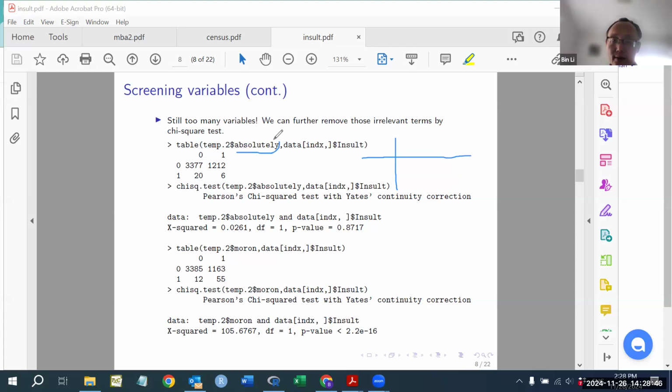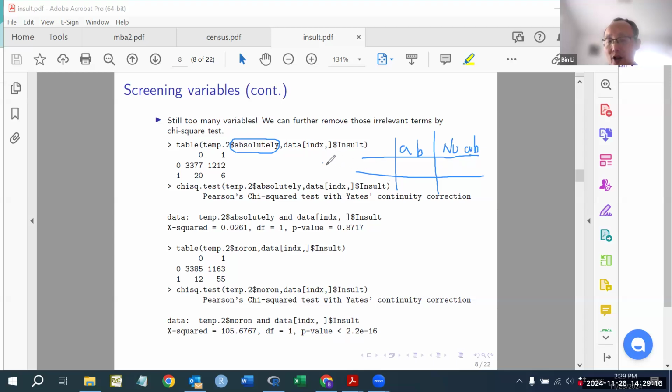Absolutely is a word, and we have two conditions. One is that the document contains absolutely, and this one is no absolutely, meaning the document does not contain this word.